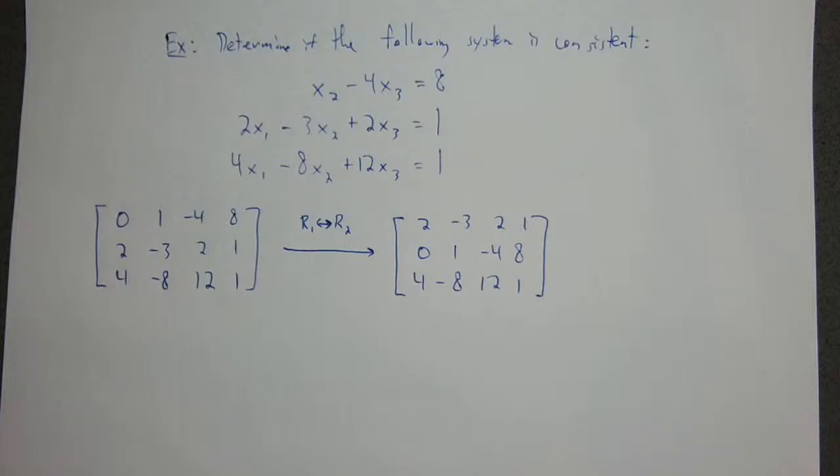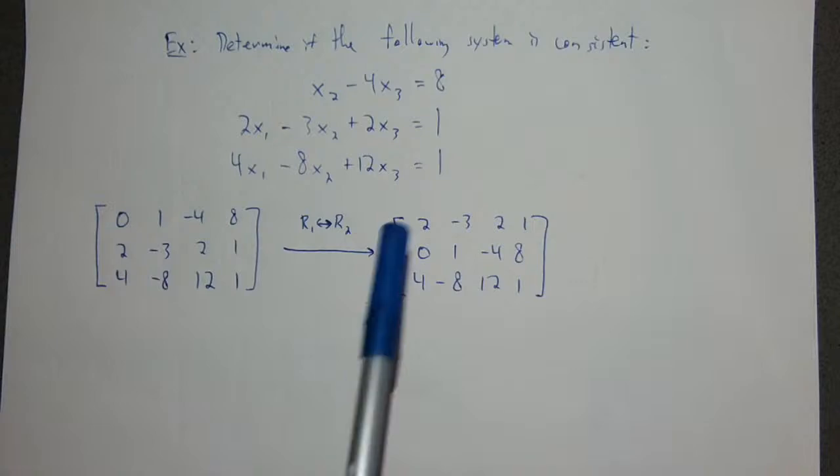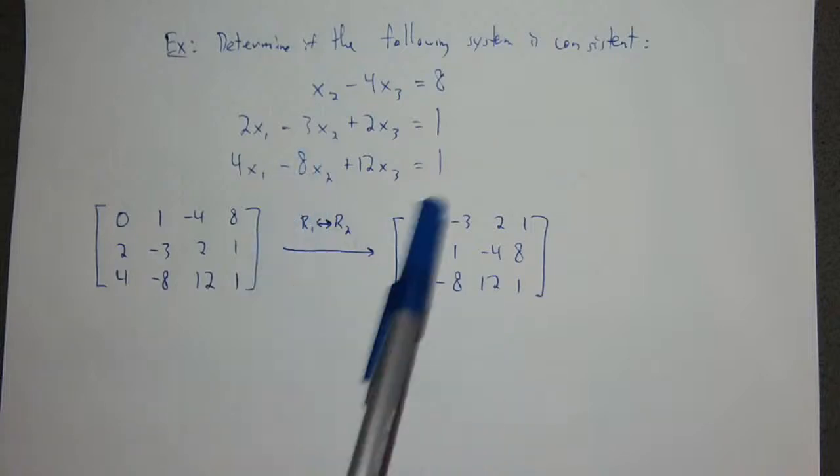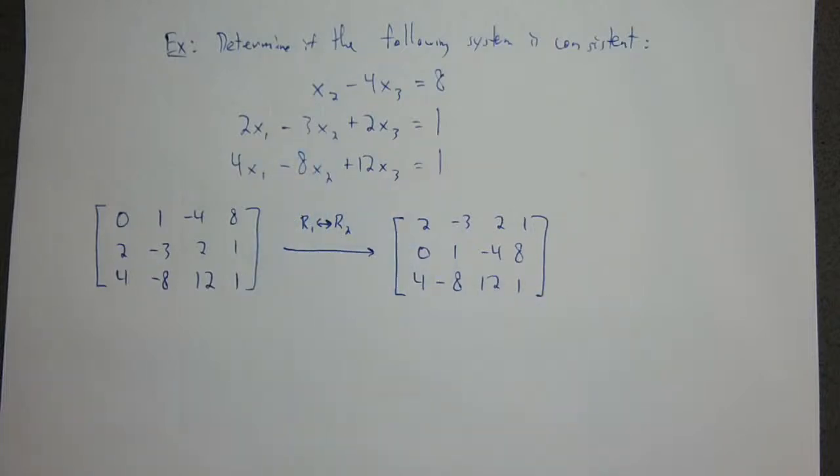Now I'll proceed as before. The idea is trying to zero out these entries judiciously till I get a triangle of zeros here, and then hopefully this last equation will have only a single variable, and then I'll solve that and back substitute like I did before.